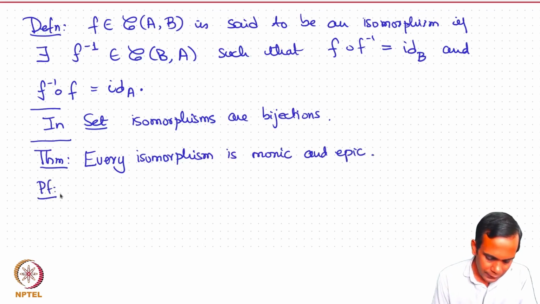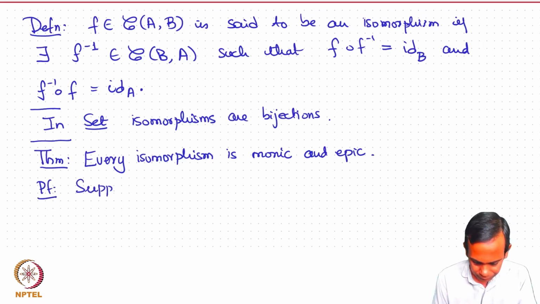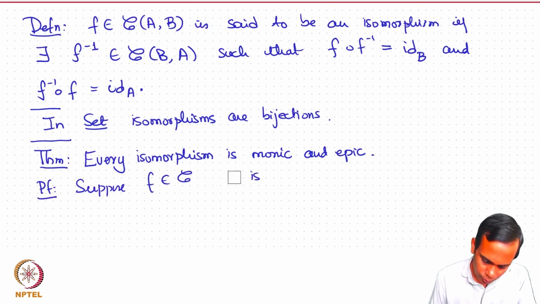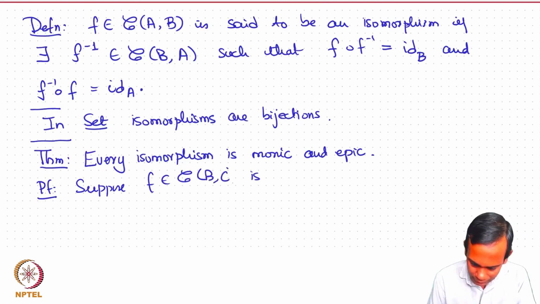The proof is very easy. Let me do it for monic. Suppose f from A to B is an isomorphism. So monic, so let's say B to C. I like my objects to be in alphabetical order.